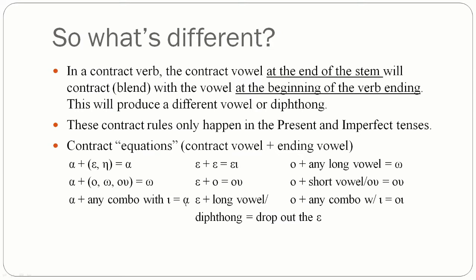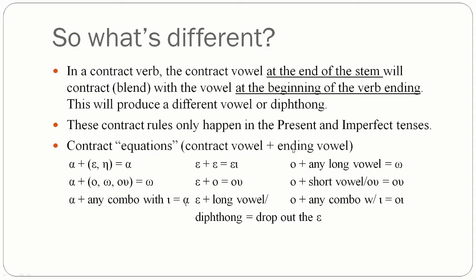Then alpha plus any combination with iota. Okay, the present active indicative, for example, the second person is epsilon iota sigma. That is a combination with an iota. So your alpha and your ending vowel would blend to form an alpha with an iota subscript.